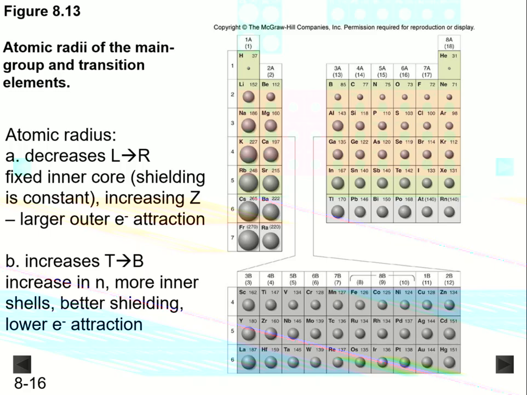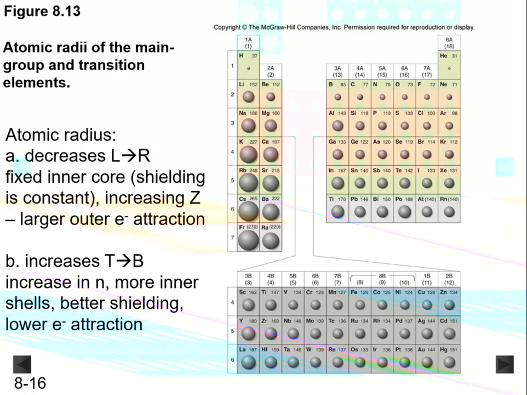We'll start at lithium and go to the right: lithium, beryllium, boron, carbon, nitrogen, oxygen, fluorine, and neon. You'll notice that lithium has the smallest atomic number but the biggest size. And as you go from lithium across, the atoms get smaller and smaller.